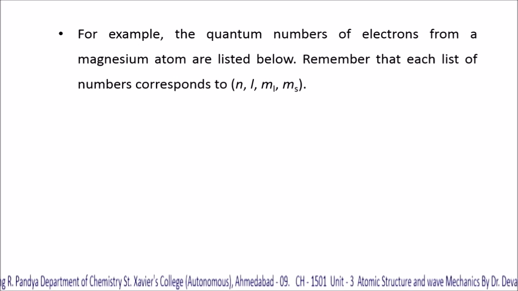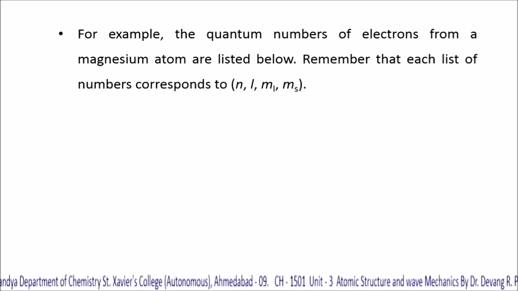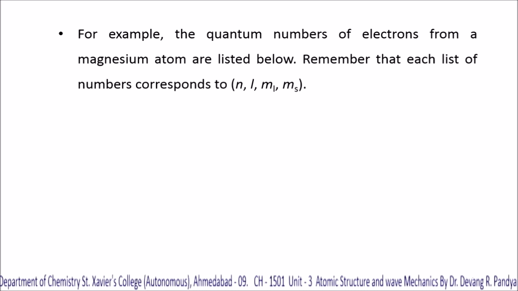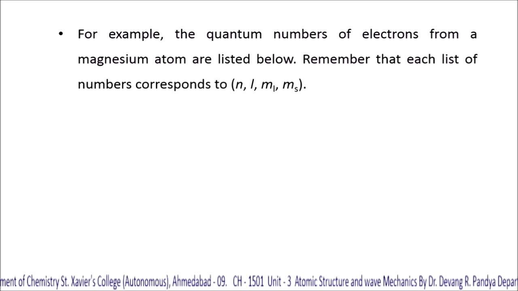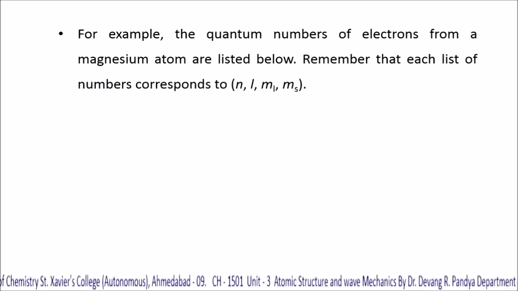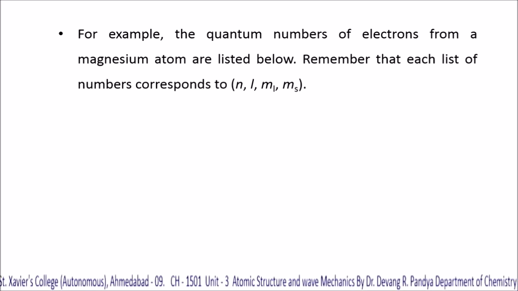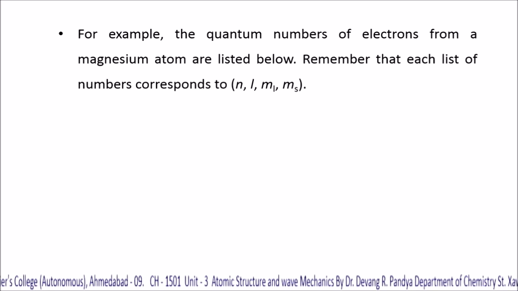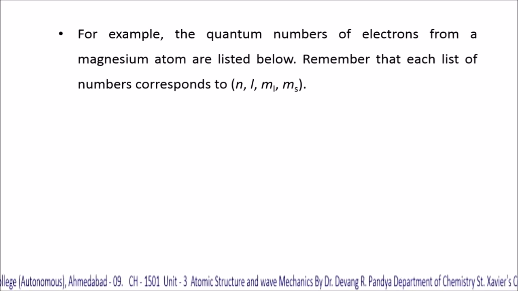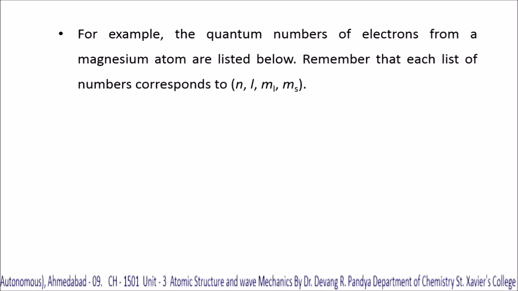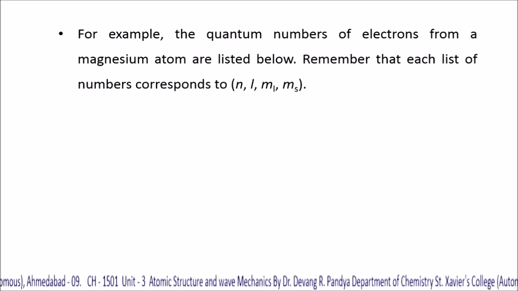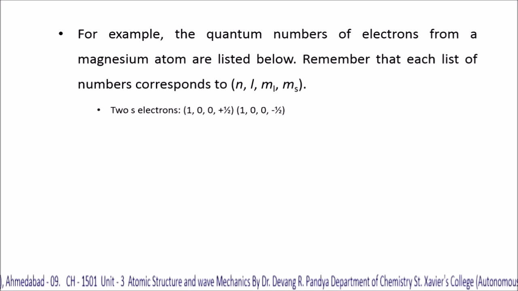For example, the quantum numbers of electrons from a magnesium atom are listed below. Remember that each list of numbers corresponds to n, the principal quantum number, L, the azimuthal quantum number, m subscript L, the magnetic quantum number, and m subscript S, the spin quantum number.